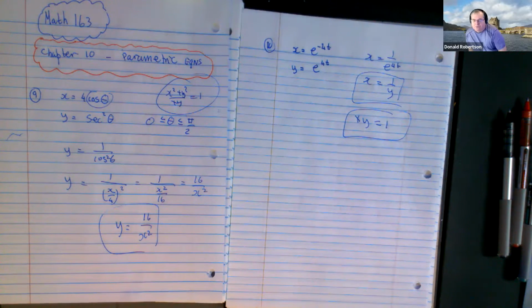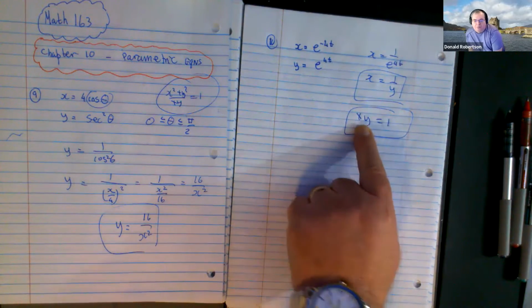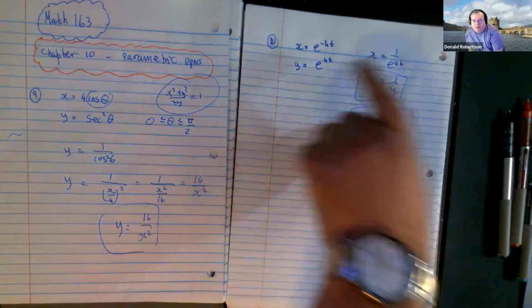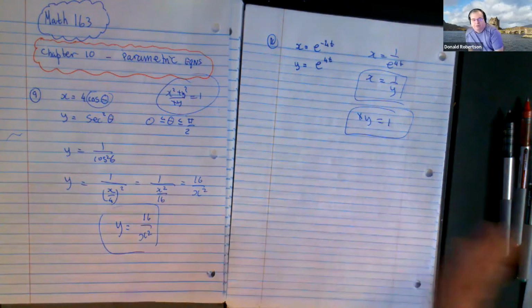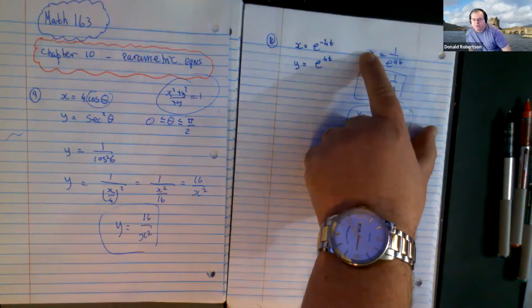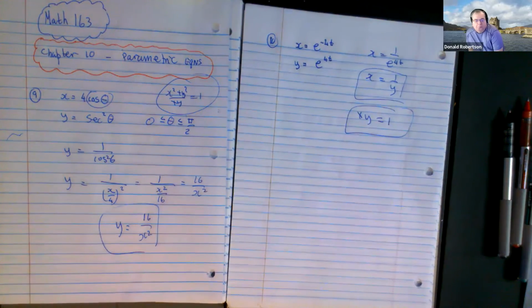So converting from parametric to Cartesian is really a matter of changing one or other of them so that you can replace one in terms of the other. So in this case, we can replace the X by this, or replace this by X, I guess is the right way to say it. And that's the end of that question.